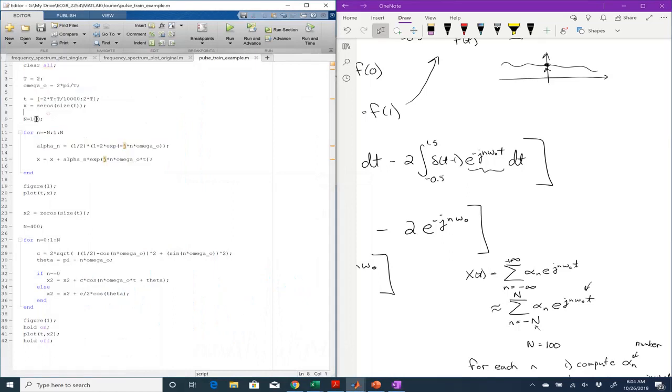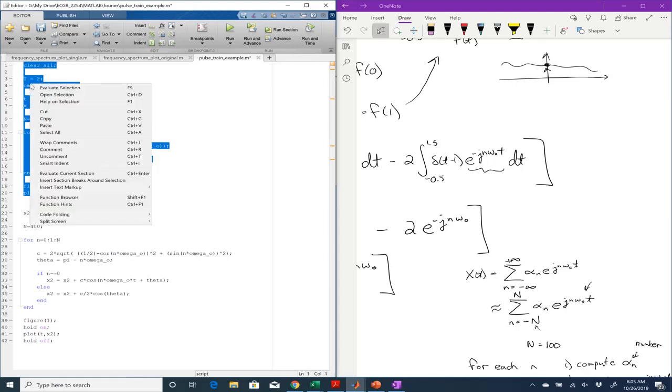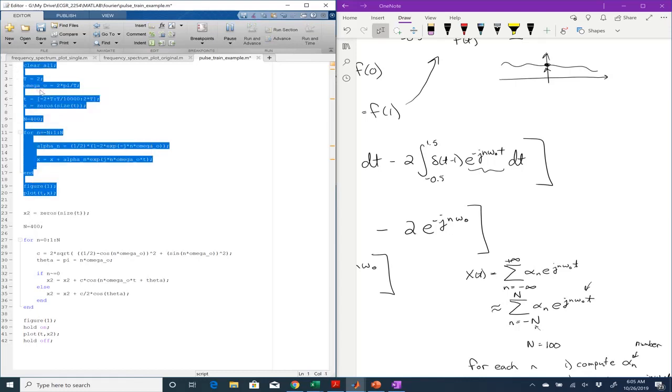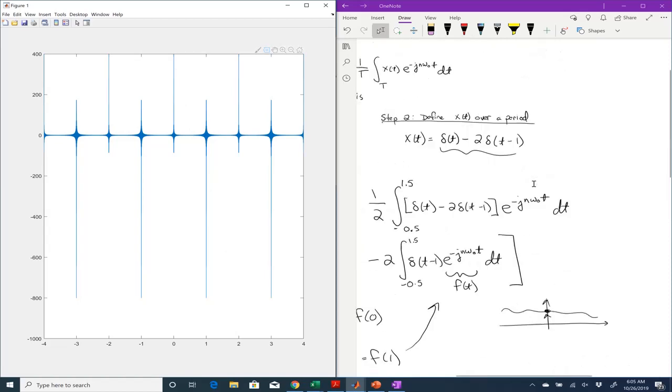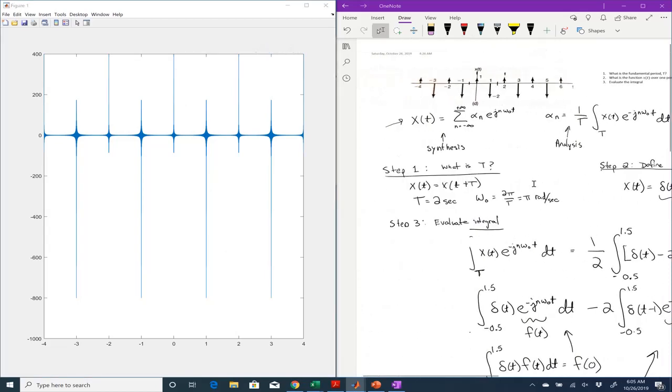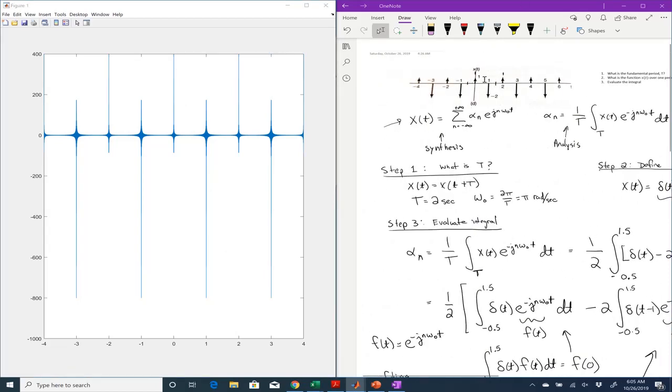So now I'll put in 400, and I'll do that again. And there it goes. I can see that they got higher. Now it goes to 400 and minus 800. So I still have essentially the same behavior where I go up 1, down minus 2, but my heights have gotten higher.